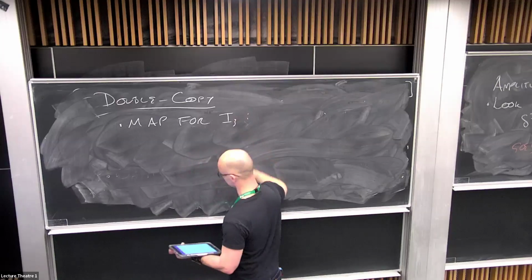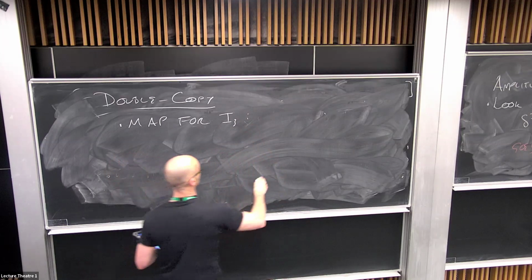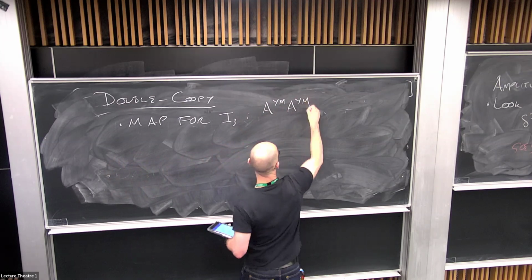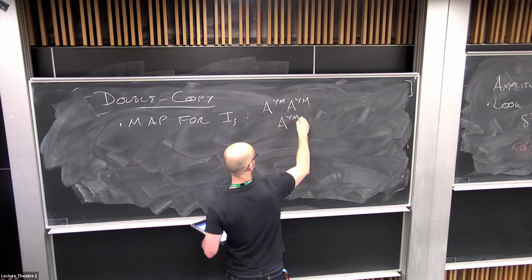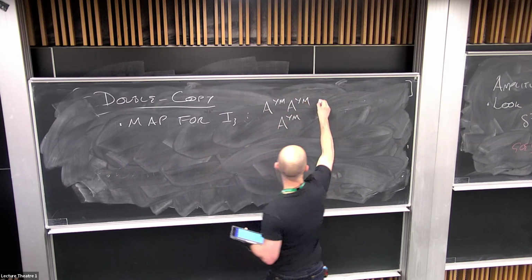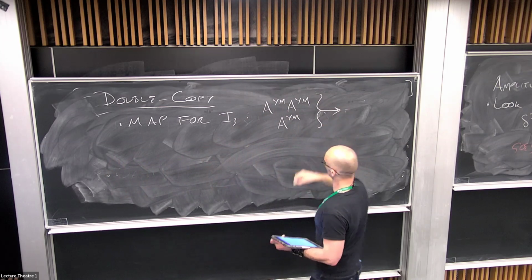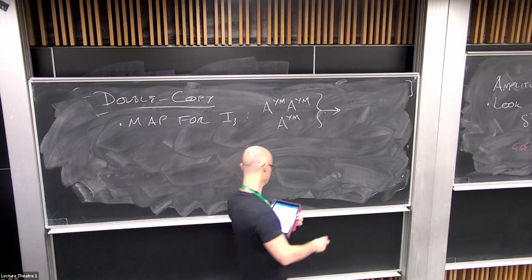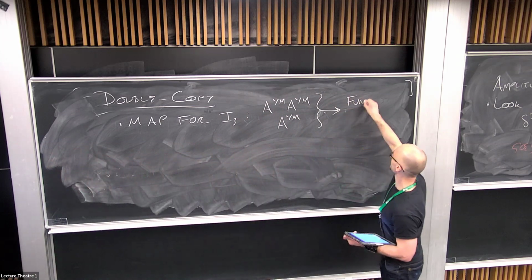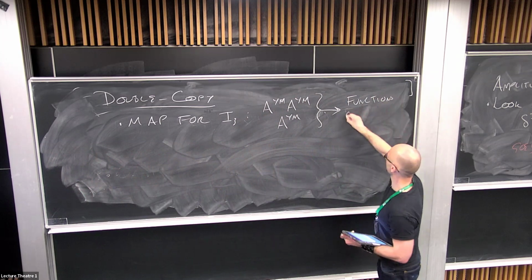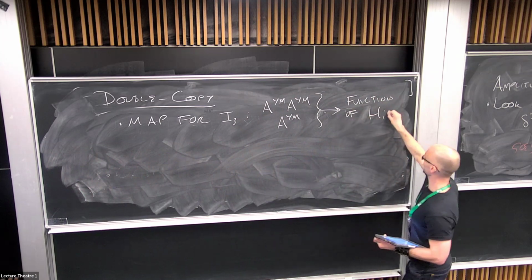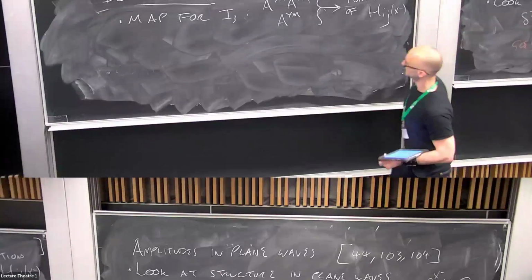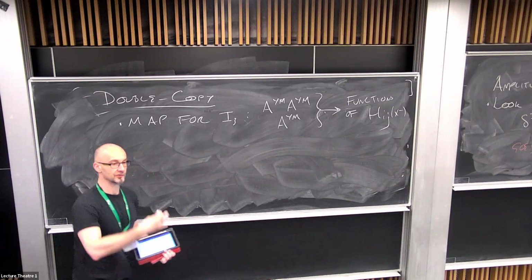And this map, without getting into the details, essentially takes products or single factors of the gauge field, the plane wave gauge field in Yang-Mills, into functions of that single 2x2 symmetric traceless matrix, which appears in the action.